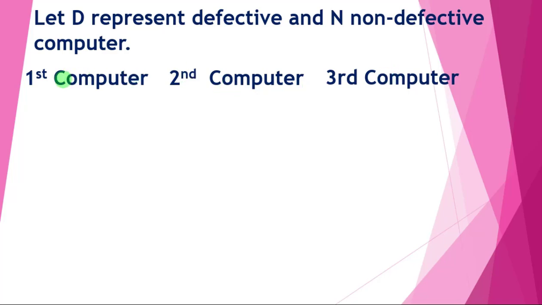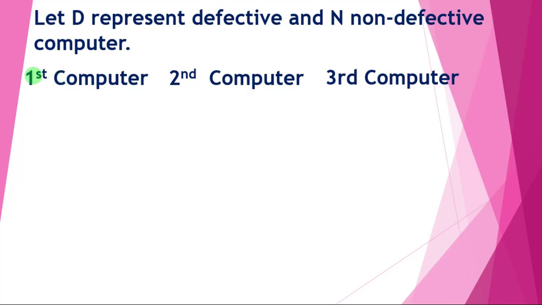Do you notice any similarities compared to our previous examples? Going back to the video, you can play it again, or if your memory serves you right, then yes, this experiment of the defective and non-defective computers is similar to tossing a coin 3 times, or tossing 3 coins at a time.